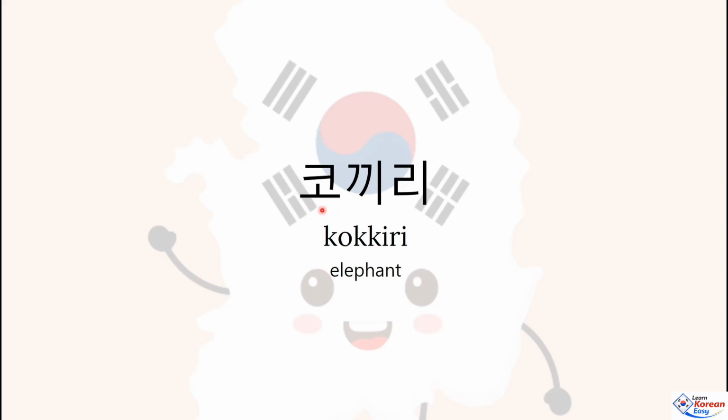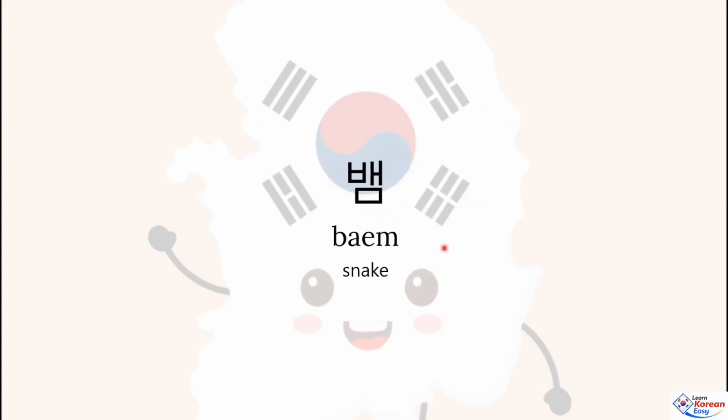So 코, as we covered in our body parts, 코 was nose, correct? So that's a good way to remember 코끼리, elephant. Okay, next one, snake. Snake is called 뱀. 뱀 is snake.